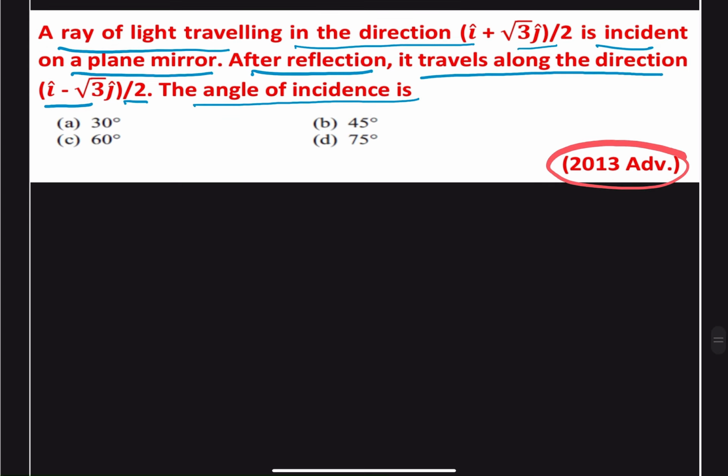So first of all, we can draw an approximate figure for that. Suppose this is the plane surface and we have incident light, whose equation is given as (i plus root 3 j)/2, and it will be reflected in this direction, whose equation is given as (i minus root 3 j)/2.